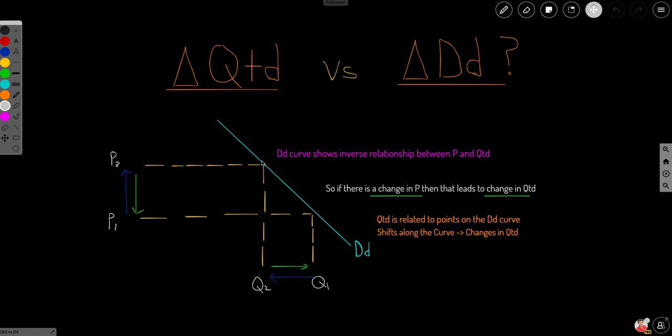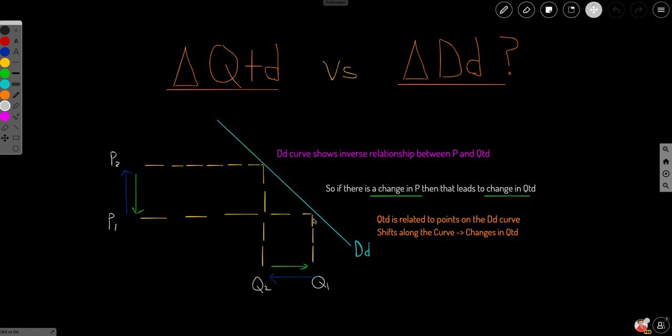So at P2, quantity demanded is Q2. At P1, quantity demanded is Q1. And when there is a change in price, it will lead to a change in quantity demanded. Shifts along the curve are changes in quantity demanded.